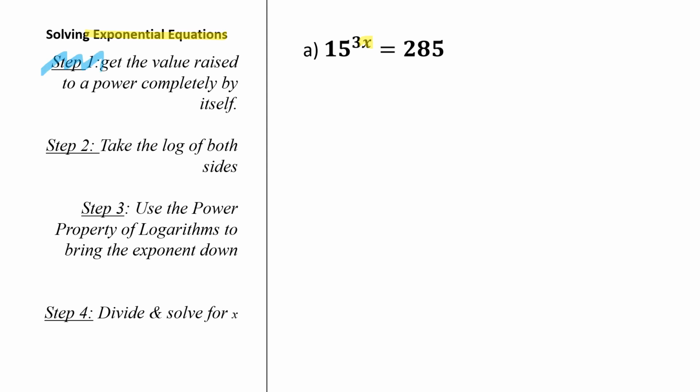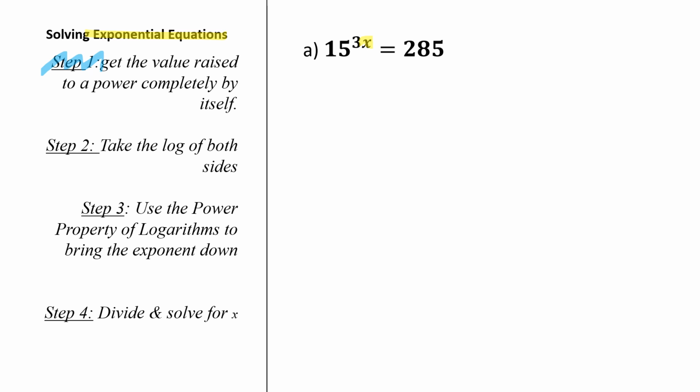Technically, step 1 has already been done in this problem. In the next example, I will show you what step 1 looks like because it won't be done. Here the value raised to a power is already completely by itself, meaning nothing is being added or subtracted to the 15 to the 3x.